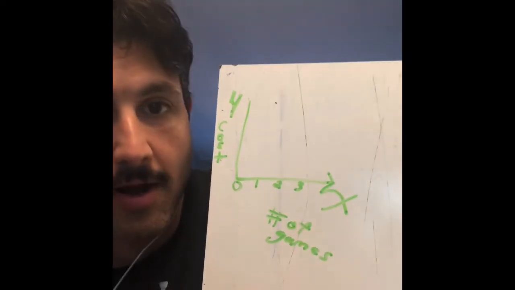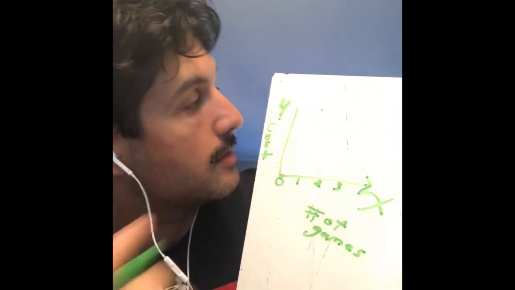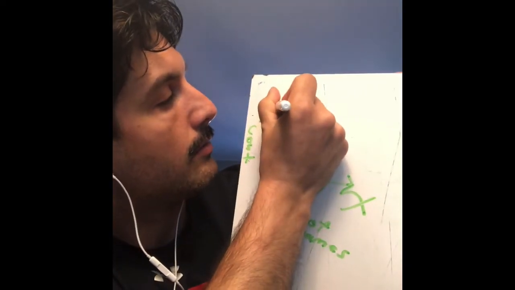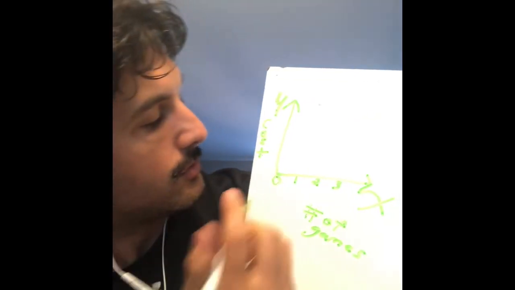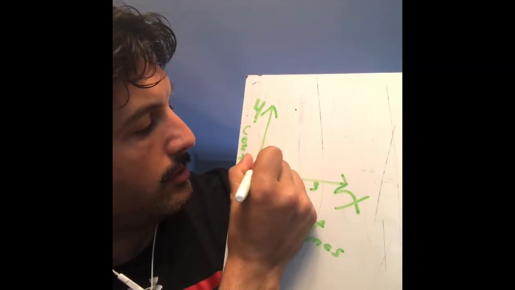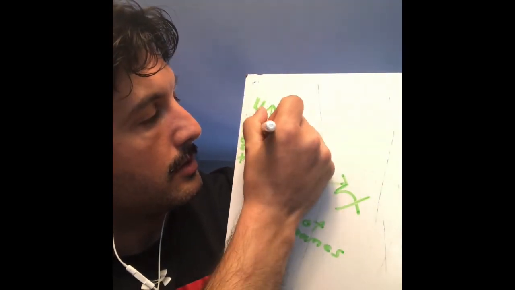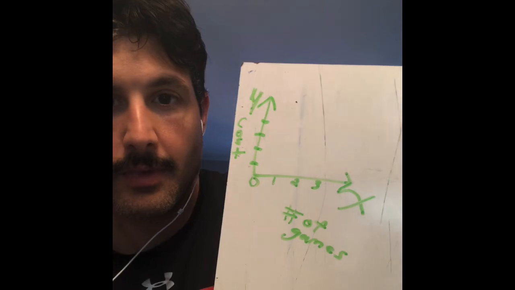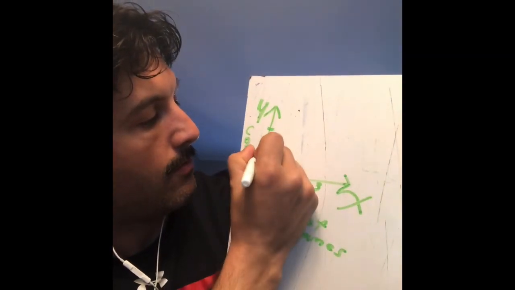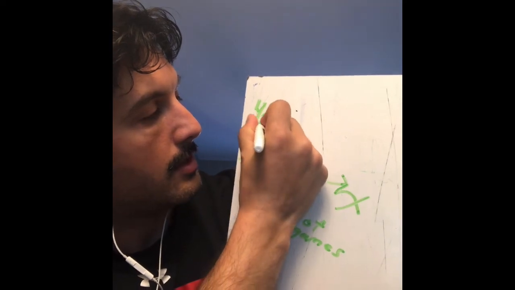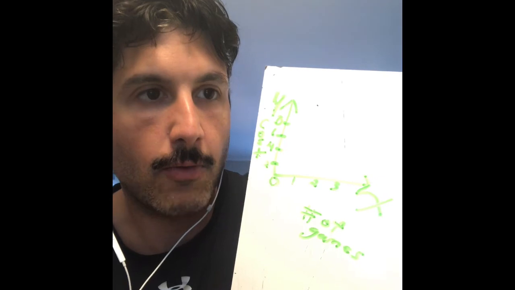So you can put an arrow there because that indicates that it keeps going forever. Same thing with cost. It's going to go on forever. And maybe we'll go up by 2s. So 0, there's $2, there's $4, there's $6, there's $8. Got my graph labeled. That's the best way to start this.